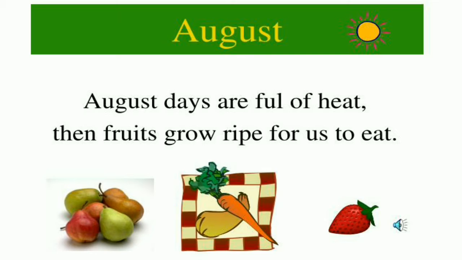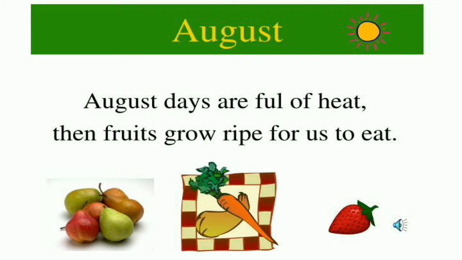So the August month, or August days, are full of heat, and it's summer time, and then fruits grow ripe for us to eat, and so many fruits grow and ripen for us to eat.